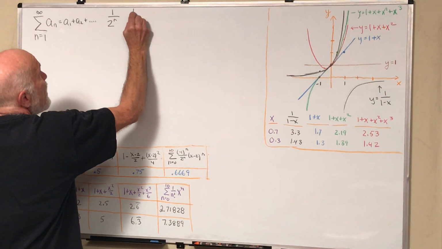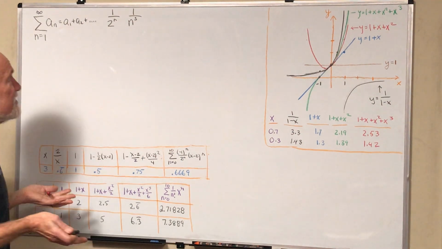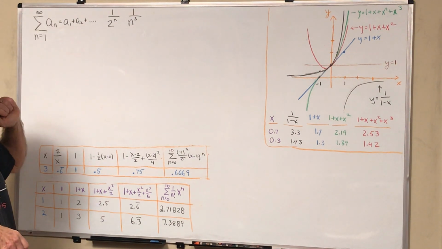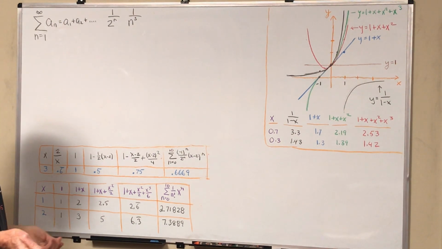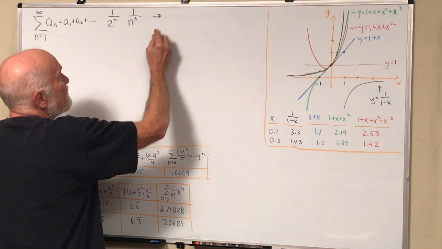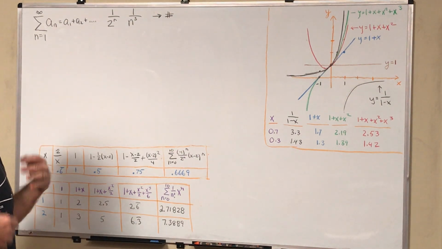It could be 1 over n cubed, and then you'd have a p series. So there's a lot of different elements you could put in for a sub n, which would give you a different series. But in general, what did these series do? They converge to some number, or they diverged.